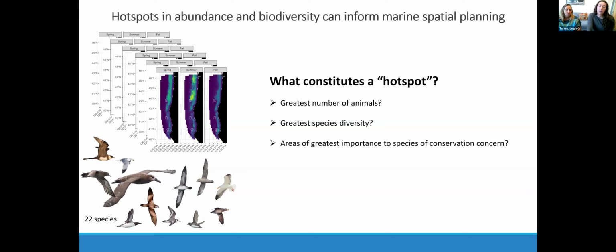Or are we really concerned about highlighting areas that are of particular importance for species that have some sort of conservation need, that have endangered status or are in decline? And we can flip this too, in a more marine spatial planning context: not just are there hot spots, but where are there what we can think of as cold spots? Are there areas that are not used by a lot of animals at a given time, where impacts would be minimal?